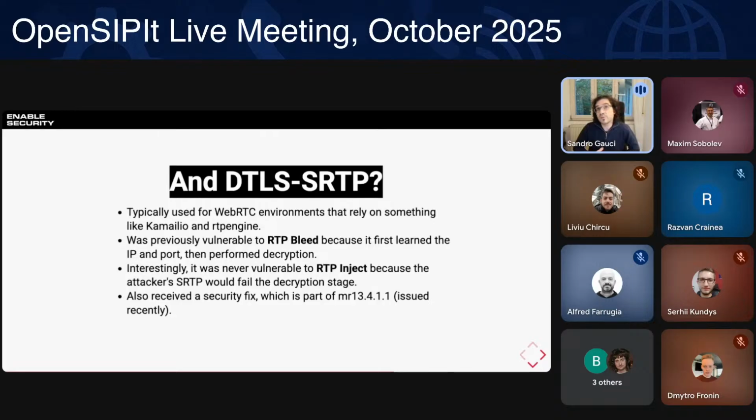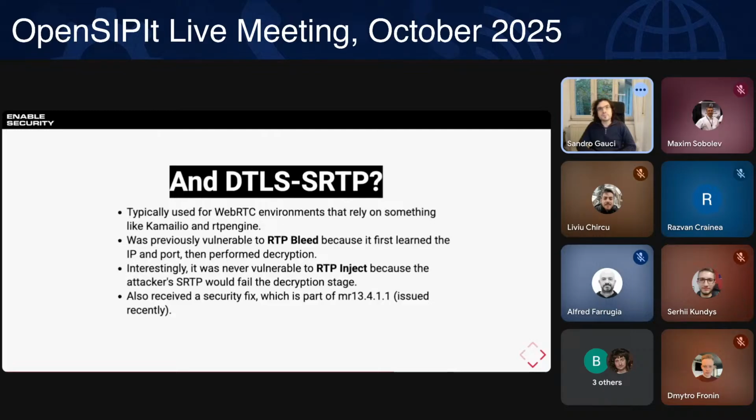And these were previously also vulnerable to RTP bleed. Because first it learned the IP endpoint and then performed the decryption. Because in the TLS SRTP, RTP Engine specifically does decrypt and re-encrypt the traffic. It takes care of that. It puts itself in the middle.